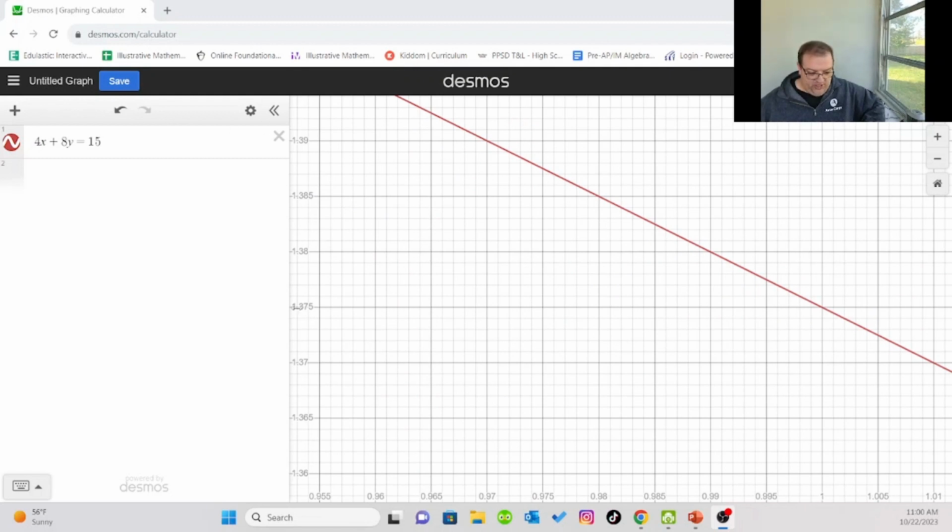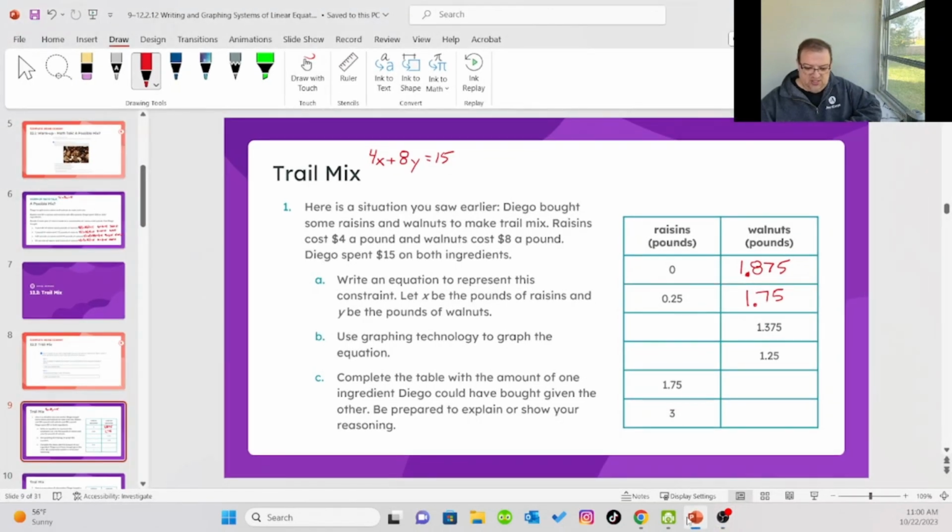Now we look at 1.375 on the y-axis. We go over until we hit the line, and we can see that the value here on the x-axis is 1. So now we can fill out that block on the table. We would have to have 1 pound of raisins.